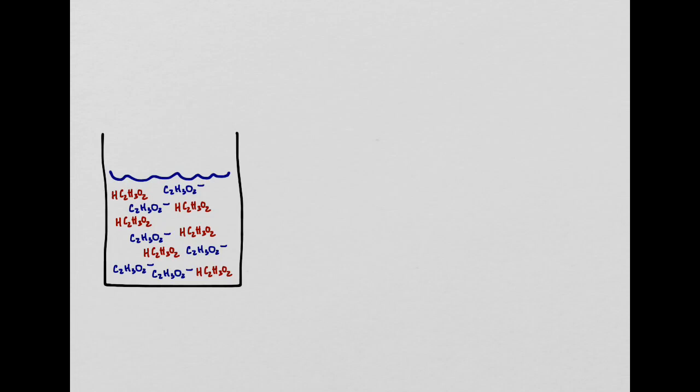So how does this work? Imagine for a moment I add in a bunch of acid, or put in a whole bunch of hydronium ions. Those hydronium ions are actually going to bind to the acetate ion to form water and acetic acid, like this.